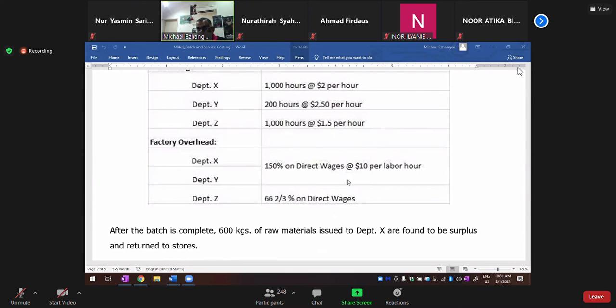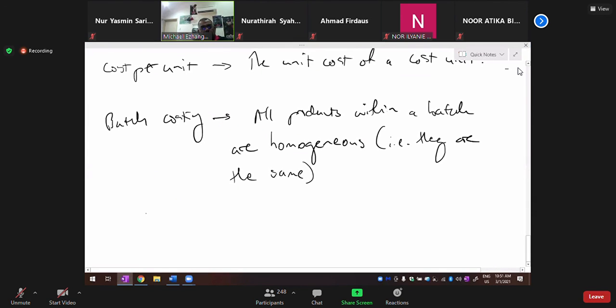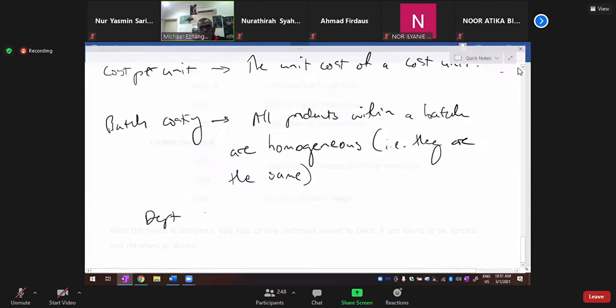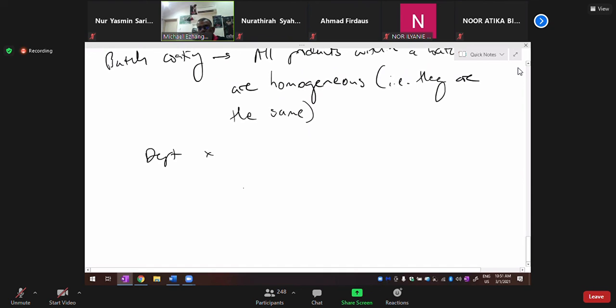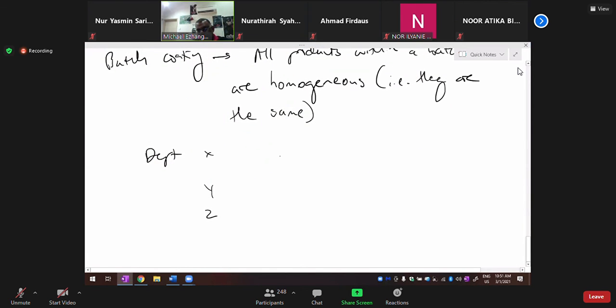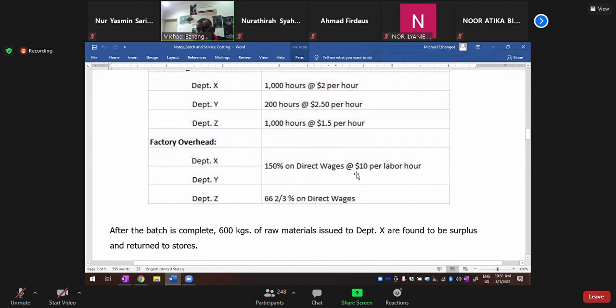Department X, 150% direct wages at $10. Actually, I think it's a typing error. Can you change that? If you have a hard copy in front of you, just alter that a bit. Department X is 150% of direct wages. A little bit of a typo there, not to worry.